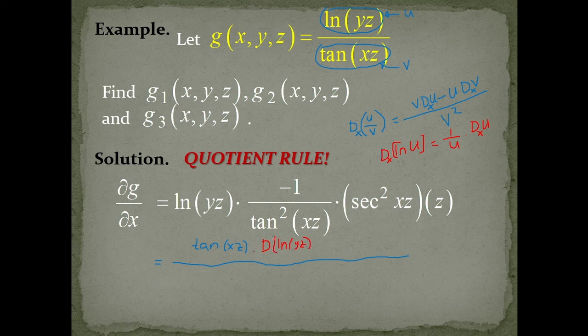Then minus u. U is this one, you just copy that, so that is ln yz. So these are u times the derivative of v.